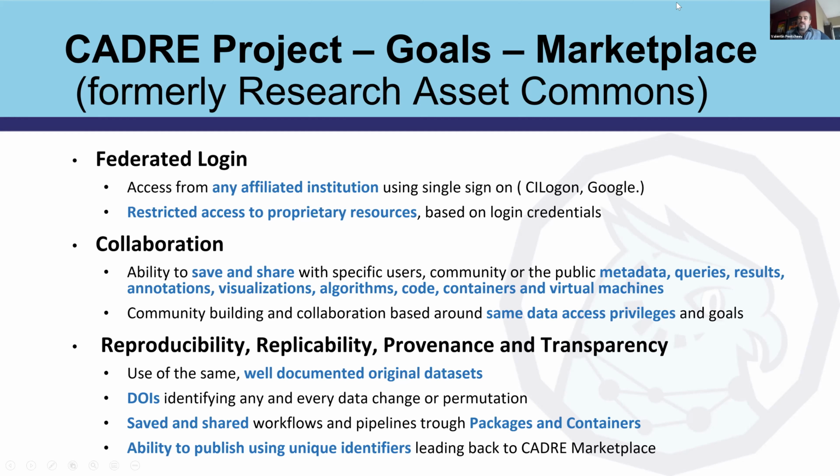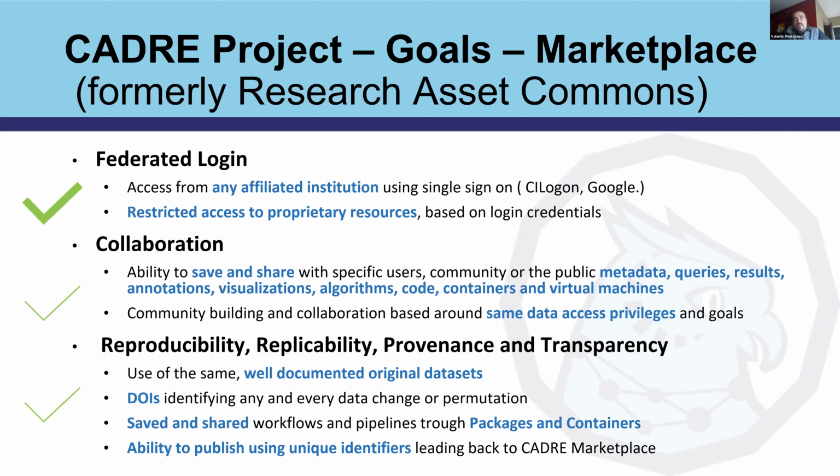We have collaborative resources with the ability to share your visualizations, algorithms, data, and so on with the public. And we have the beginnings of reproducibility, replicability, provenance, and transparency with numbers assigned to each time a package is published and to each time data is permuted. The federated login is completely up and running and functional.